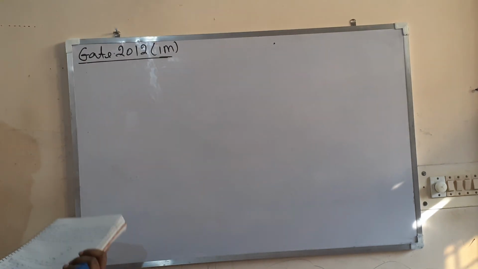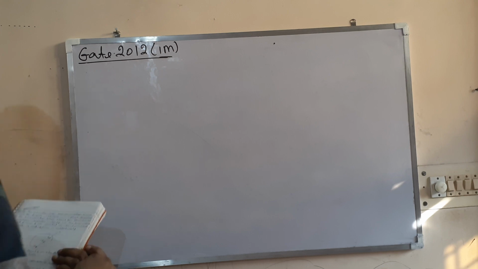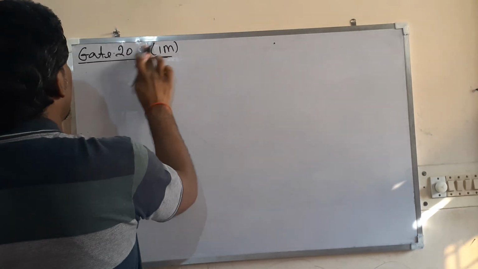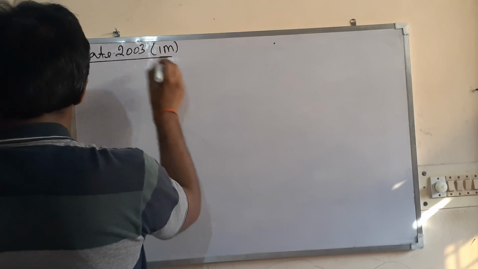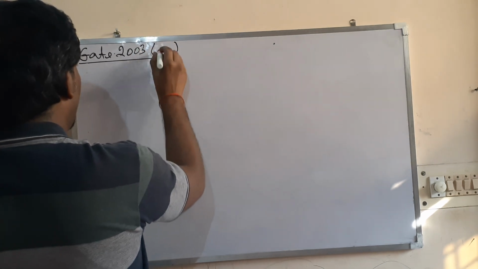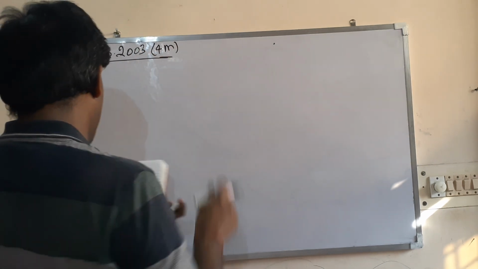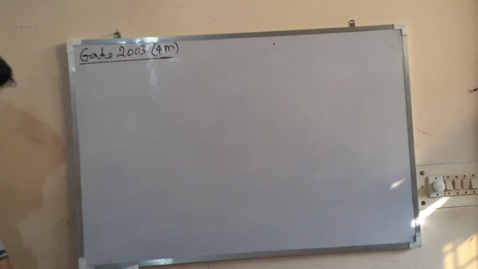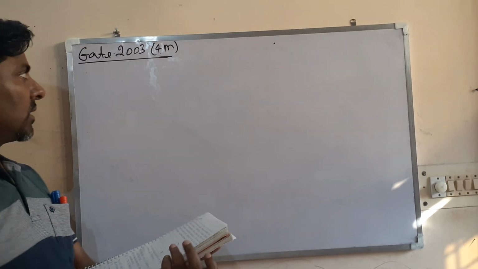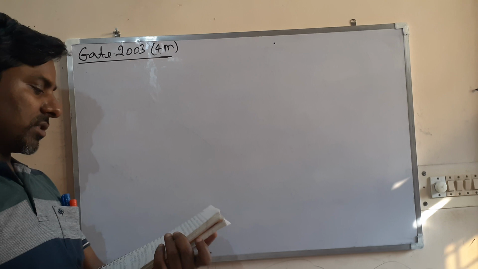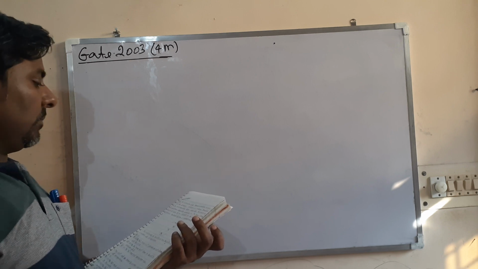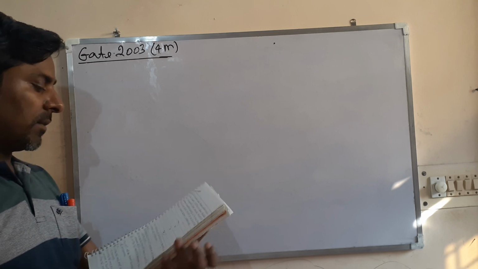This question is from GATE 2003, and this is for 4 marks. This is a common data question. 2 questions have been asked on the same data. Very simple question on acceleration. GATE 2003 for 4 marks.